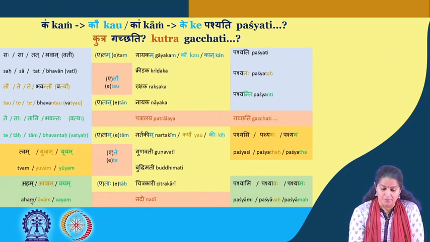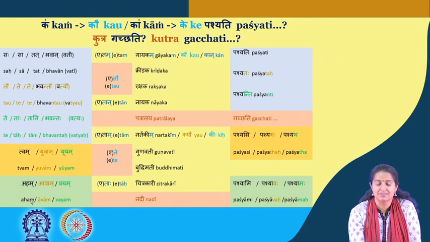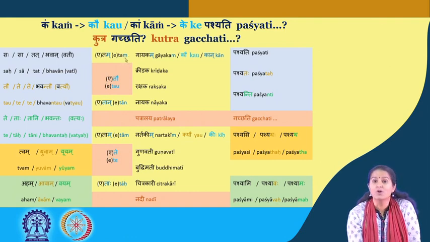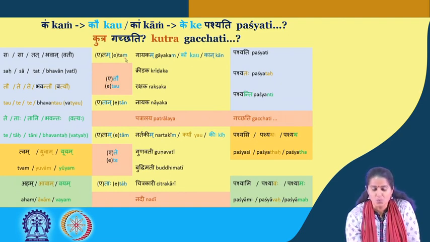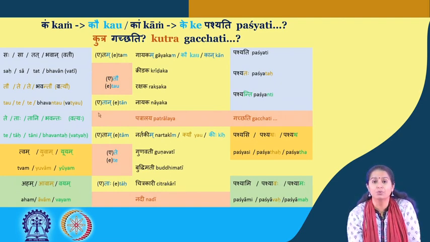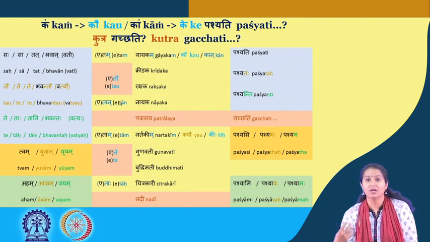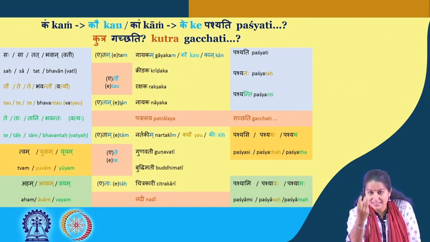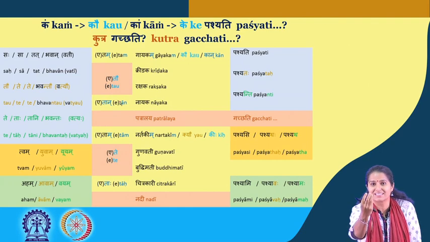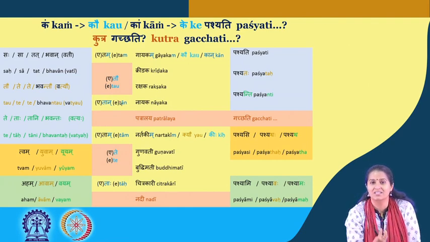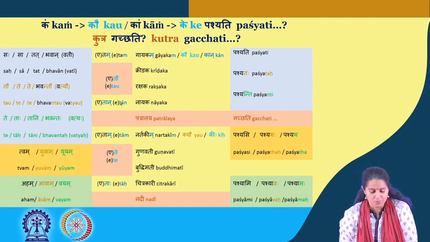And in the second column, you have the second case for the masculine singular. So tam or etam. Then you have it for the dual case, which is tau or etau. And then you have it for the plural, which is tan or etan. So now the person who's doing the action can be singular, dual or plural. The object that is receiving the action, the recipient of the action, can also be in the singular, dual or plural.